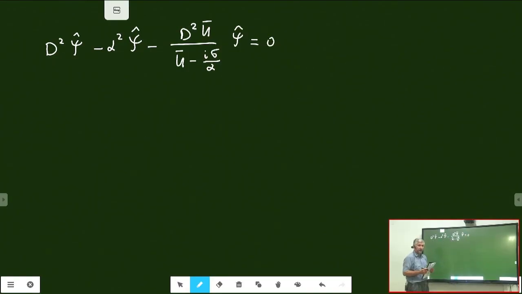So that's what it is. Further analysis will be concerned with trying to see what this equation can produce. And it will lead us to two physical conclusions.